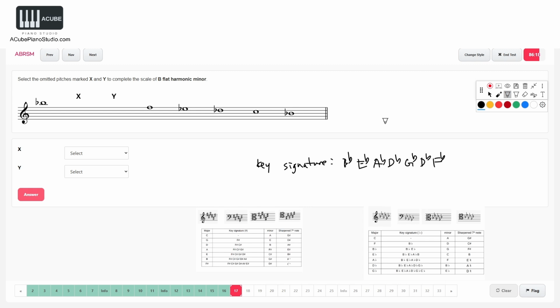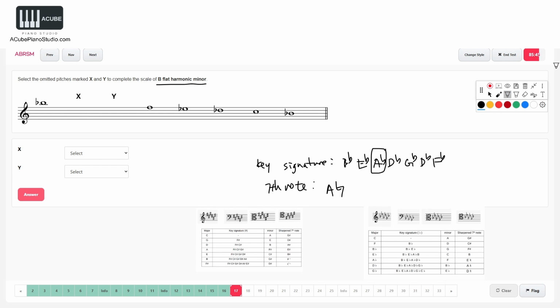Then next, because it is harmonic minor, the 7th note is A flat, and A flat already has a flat. So if you want to sharpen it, the flat will become natural. This is B flat, the next note, which is the 7th note, because it's descending, so it's the tonic, then the 7th note, the 6th note, and so on.